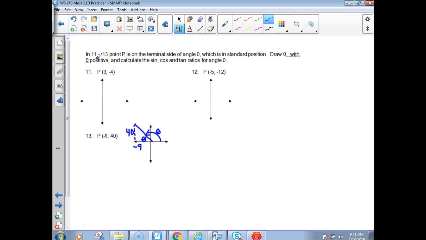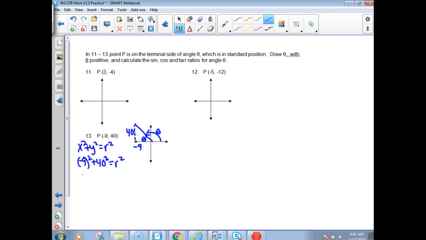Draw theta with theta positive and calculate the sine, cosine, and tangent ratios. So just sine, cosine, and tangent. I was just checking what I needed to find. So I need the R value. Remember, it's x squared plus y squared equals r squared. So -9 squared plus 40 squared, or just the Pythagorean theorem, is basically what it is.